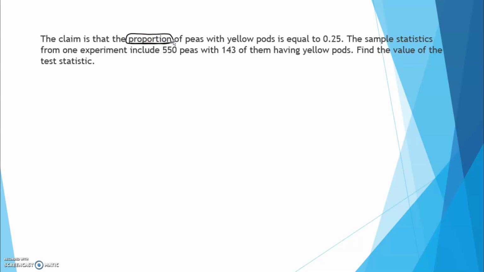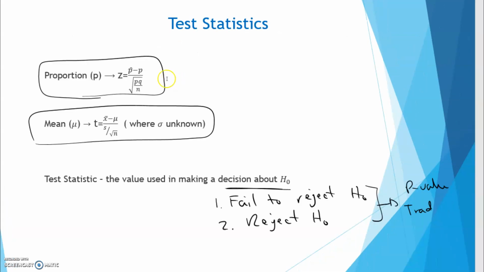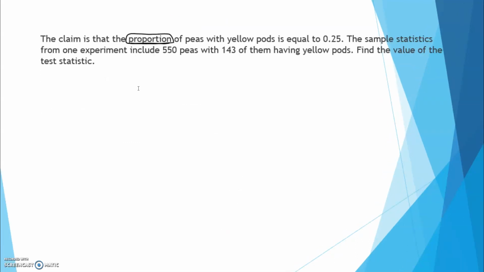So since we're looking at a proportion, that means I'm going to be looking at a z-score. So z is equal to p hat minus p divided by the square root of p times q divided by n. So I need to figure out what is my p, what is my q, what's my p hat, what's my n.